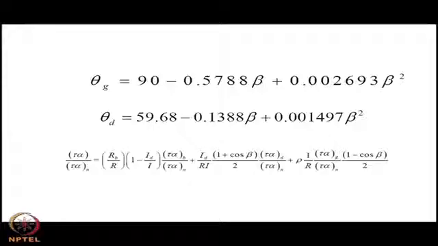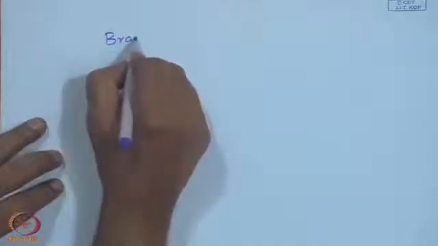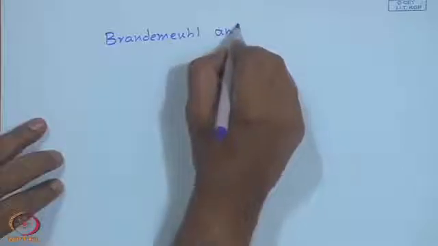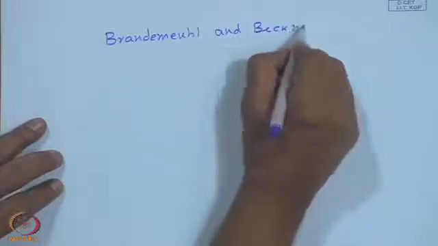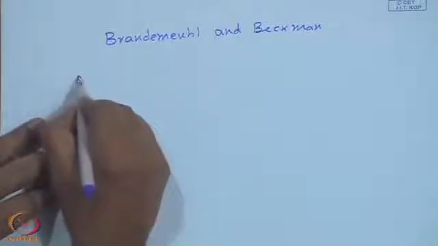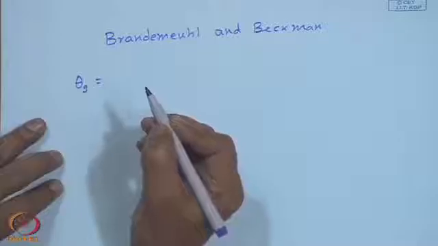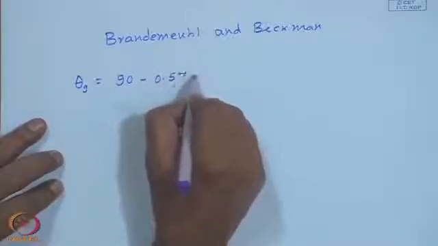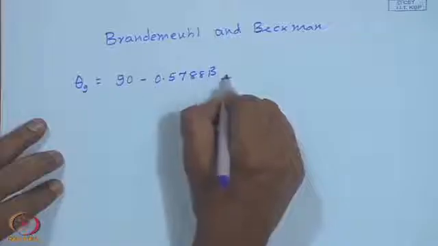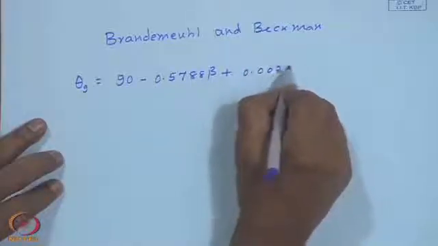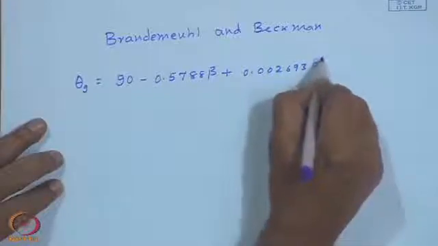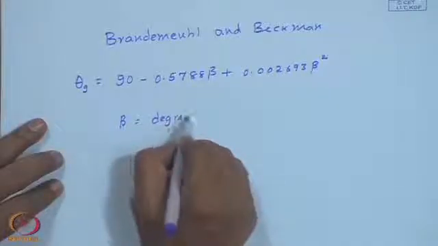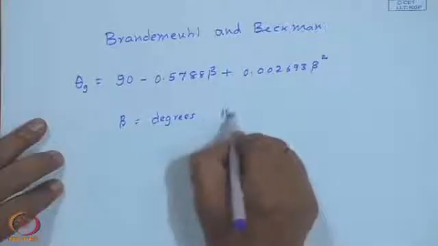So, Brandmuir and Beckman have correlated theta g, the effective angle of incidence for the ground reflected radiation, as 90 minus 0.5788 beta plus 0.00269 beta square, where beta is in degrees, the slope of the collector.